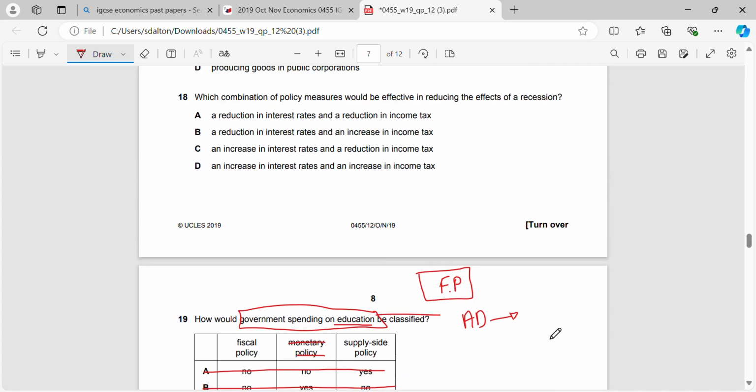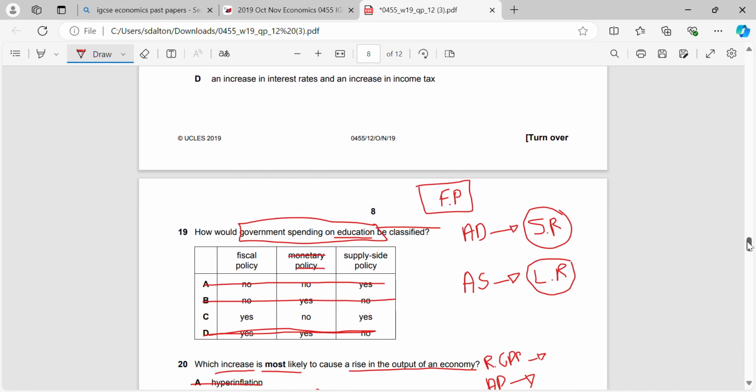Okay, now that's going to be the short run effect, which means that will take place in a quick time period. But over a long period of time, spending on education may allow us to move our AS to the right as well as a supply side policy, because we may be able to increase the skills of the workers, give them more knowledge, which may allow us to become more productive in making our output.